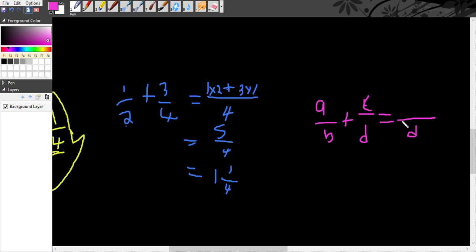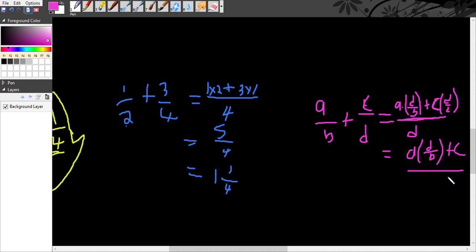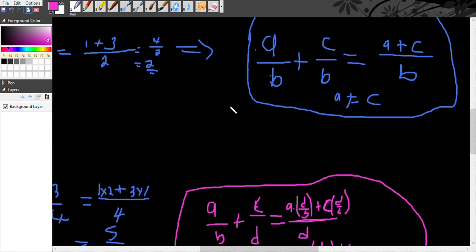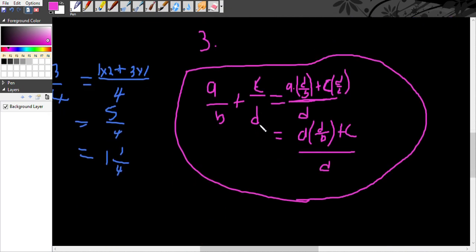So D, B, and our A would be A multiplied by D over B, plus C multiplied by D over D, which gives us A amount of times over B plus C over D. Okay, so that is rule number 3.